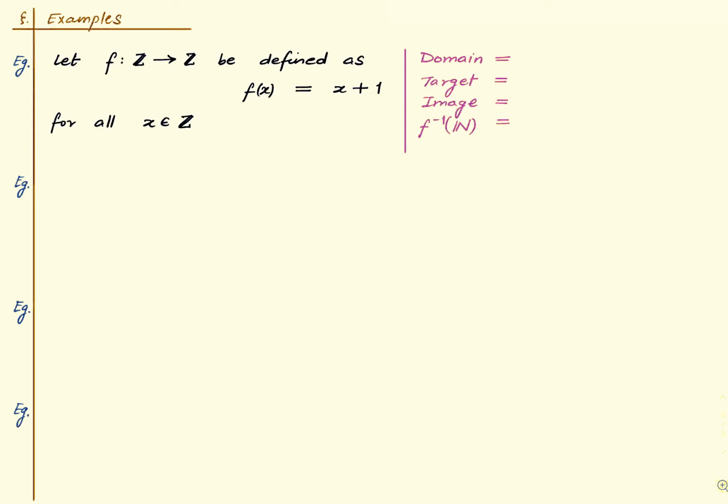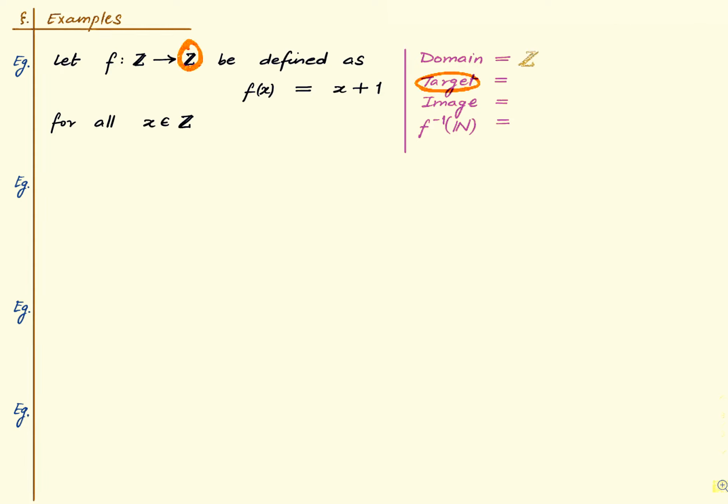Finally, let us end with some examples where we will write down the domain, target, image, etc. So this is our first example that we saw. f is a function from Z to Z defined in this fashion. What is the domain of f? This, which is Z. What is the target of f?